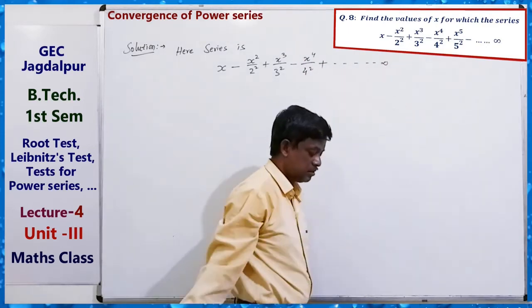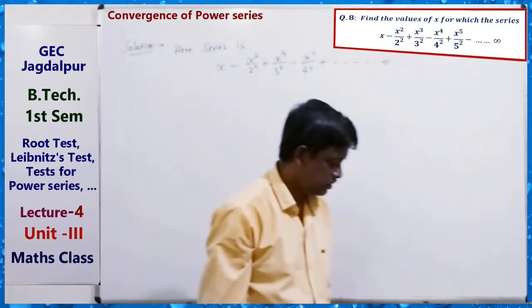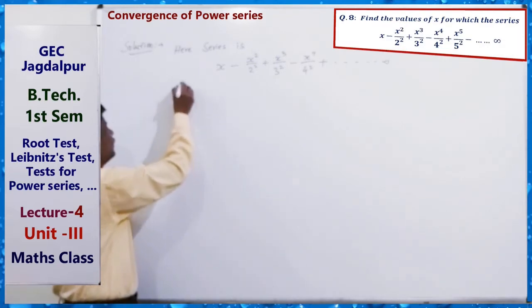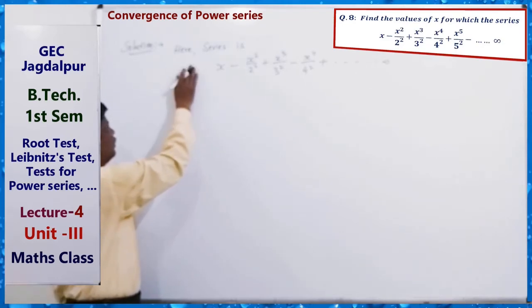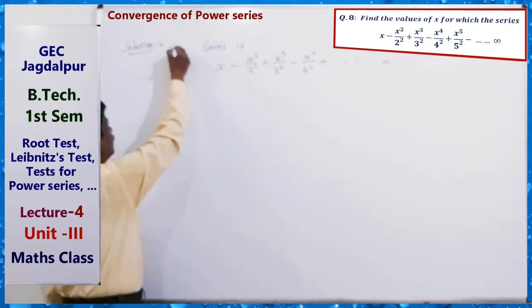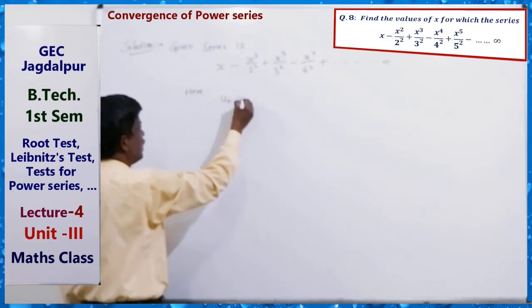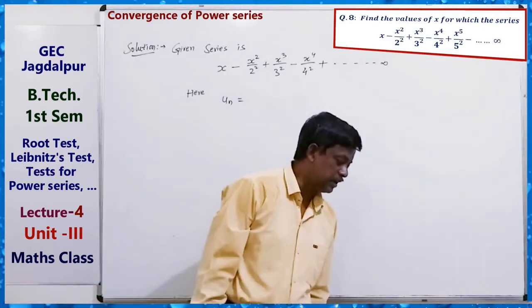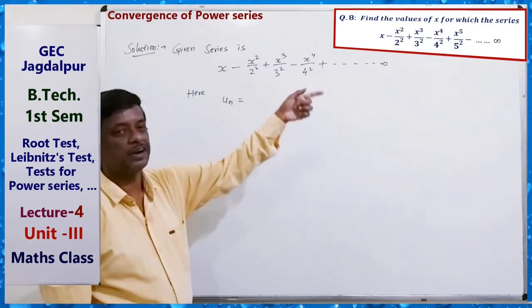Here the nth term un can be written as, first plus sign, then minus, then plus, then minus, an alternating series.